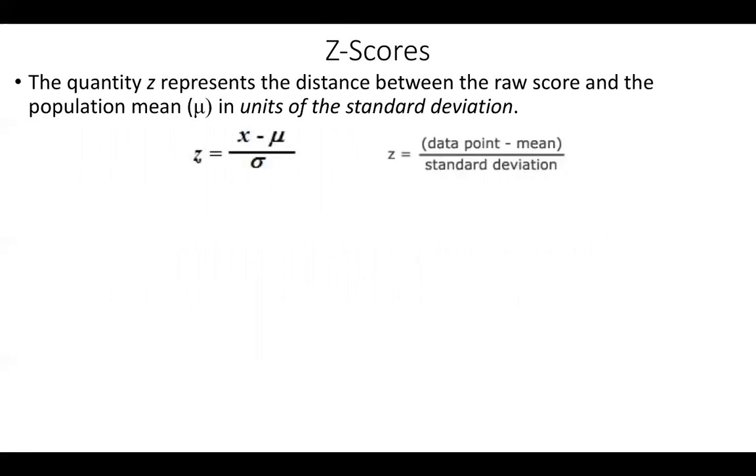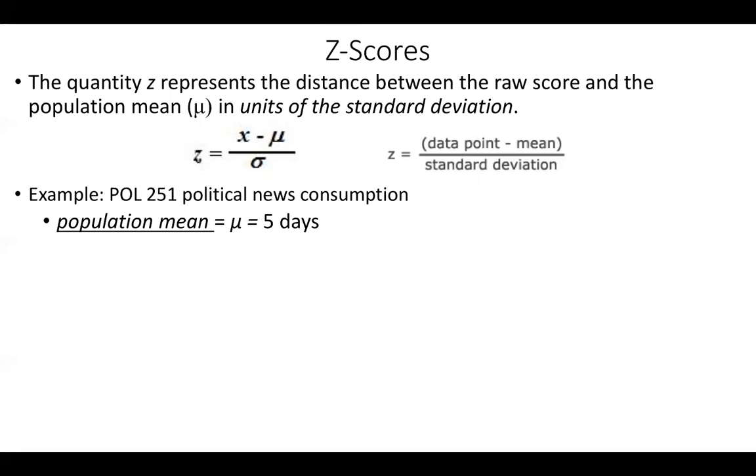Again, here are our formulas for calculating Z-scores, first with just the symbols, then in plain language. And in our example, we're going to go back and talk about Poll 251 political news consumption. Here, we're going to make some assumptions.